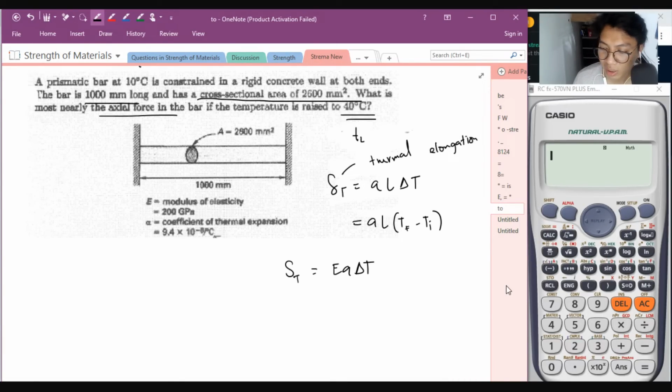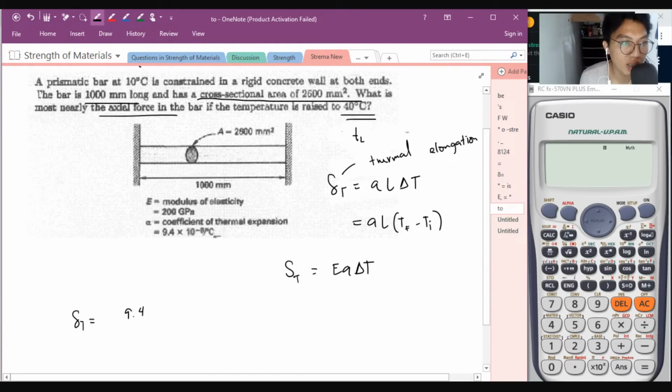So, what is the deformation there? Consider the thermal deformation or elongation first. Alpha for a prismatic bar, not steel since steel is different, is 9.4 times 10 to the negative 6 per degree Celsius, multiplied by L of 1,000 mm, times 40 minus 10.